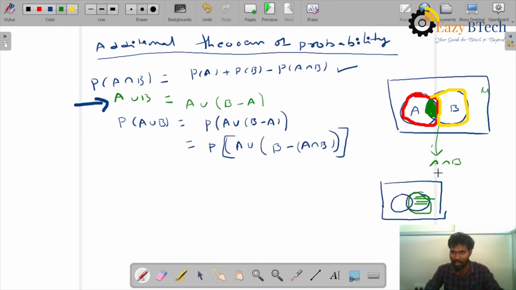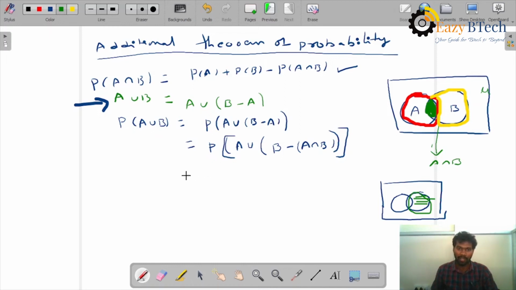You already know that it is A intersection B. From B, if you remove this small part, that also gives you only B, excluding all the other parts. So B minus A can also be written like this: B minus of that common part between A and B, that is A intersection B.